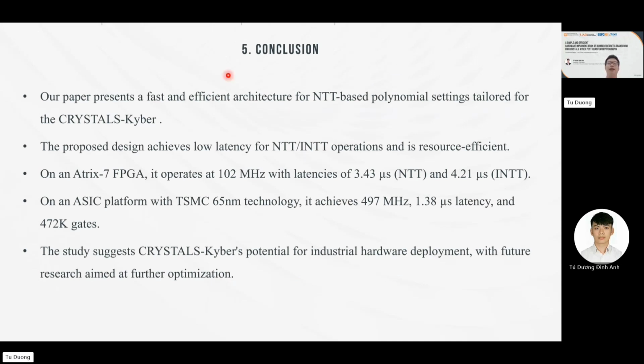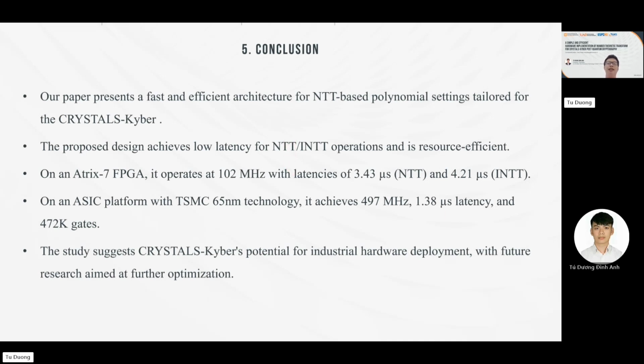So here is the conclusion part. We propose an efficient NTT hardware architecture for CRYSTALS-Kyber, achieving low latency and high performance on both the FPGA and ASIC platforms. On the FPGA, our design provides middle to high performance and very optimized and balanced resources.